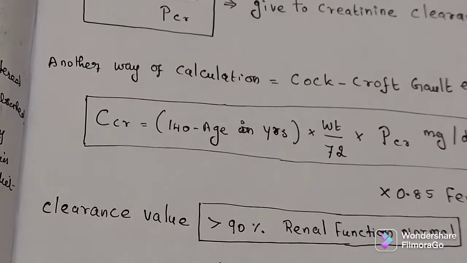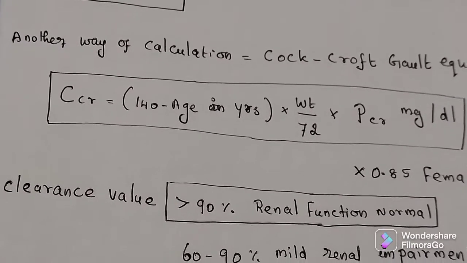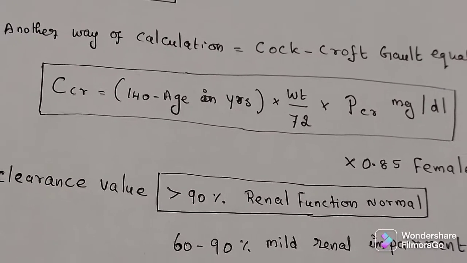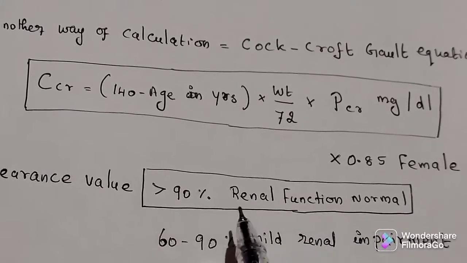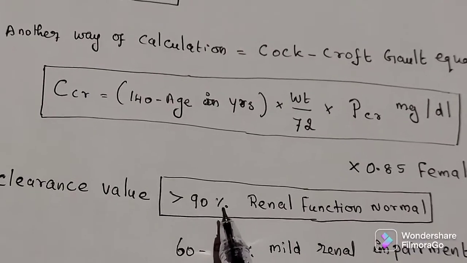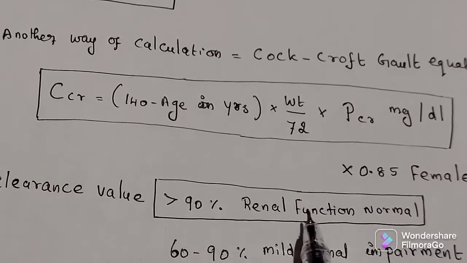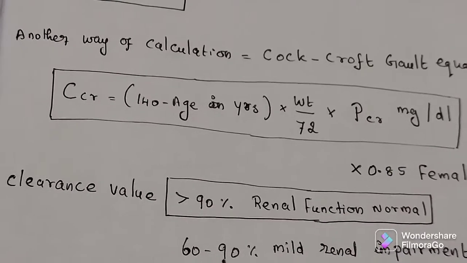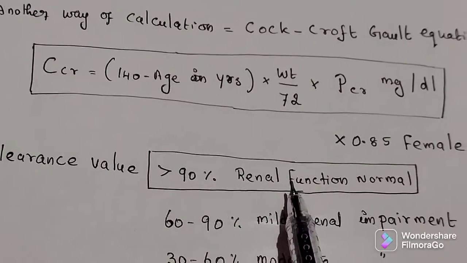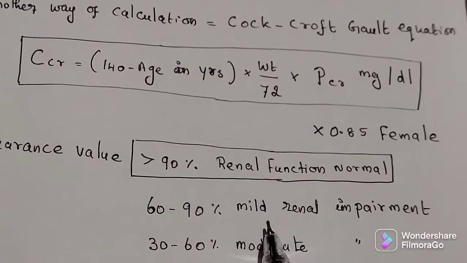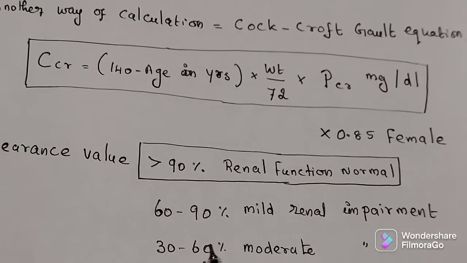If the clearance value is above 90%, it is said to be renal function normal. More than 90% clearance value means that renal function is normal. If it is 60 to 90%, it means mild renal impairment.